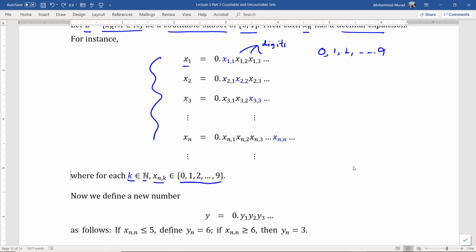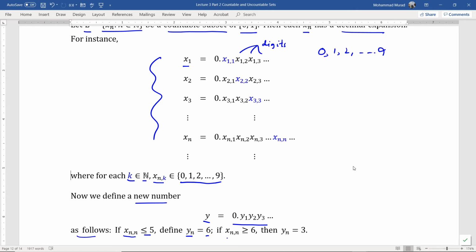Now we define a new number, y, with the following decimal expansion: 0.y_1 y_2 y_3 and so on, as follows. If x_{n,n} is smaller or equal to 5, then y_n would be 6.